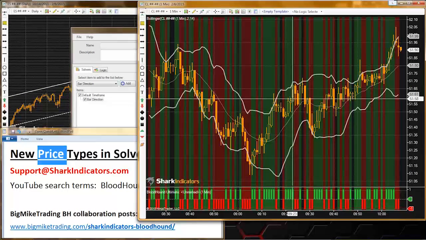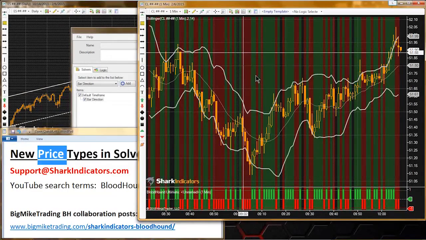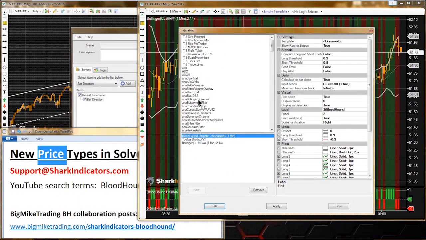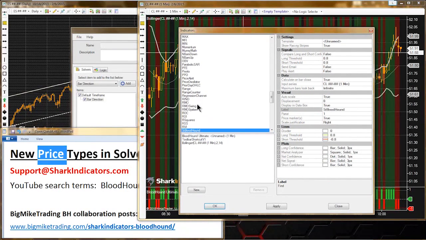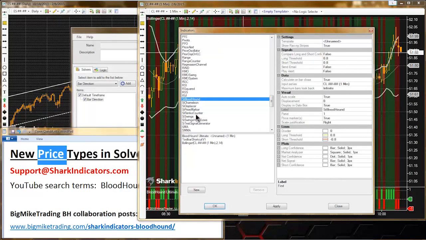Previously, we had an indicator called Chameleon, and Chameleon's function was to expose all the price data to BloodHound.